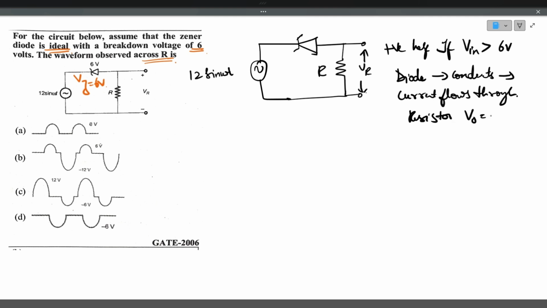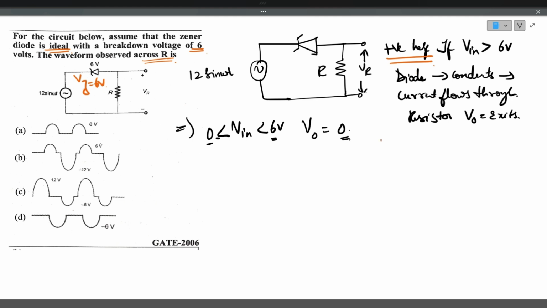Vout exists. If the input voltage is less than 6 volts, current does not flow through the circuit and the output voltage will be 0. Here we need to correct one sentence. If the input voltage is between 0 and 6 volts, the output will be 0. Because we are talking about the positive half cycle only, not the negative half cycle.